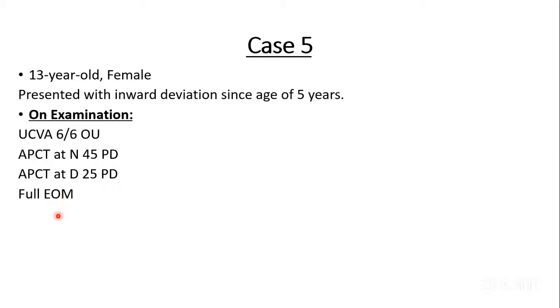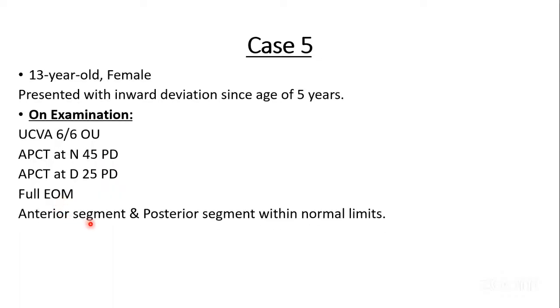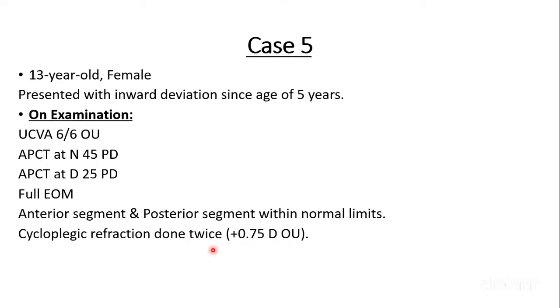Full extraocular motility, anterior segment normal. Cycloplegic refraction was only plus 0.75. That's it, nothing more, and we repeated the cycloplegic refraction 2 times. Very small hypermetropia. So what is the diagnosis? Convergence excess esotropia, yes, high AC/A ratio.